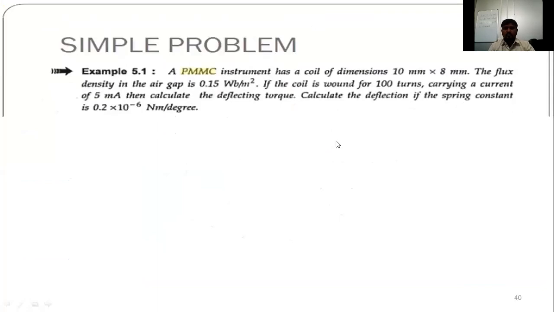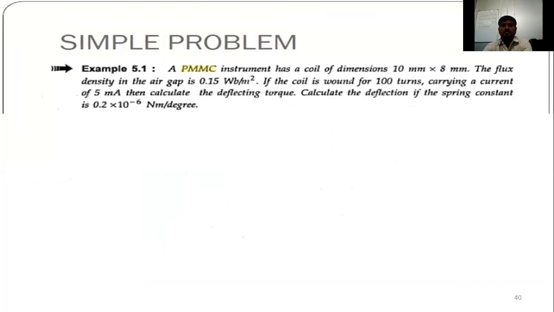Okay, take one more problem, this one, solve it. A PMMC instrument has a coil dimensions of 10 mm into 8 mm. The flux density in the area is 0.15 Weber per meter square.